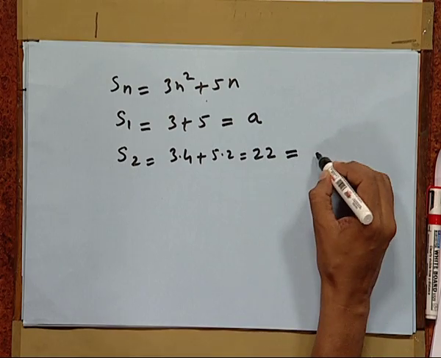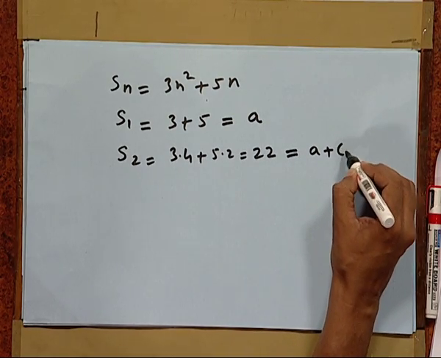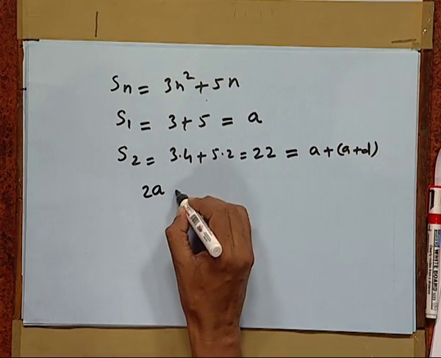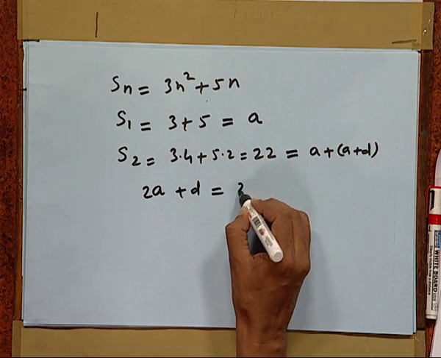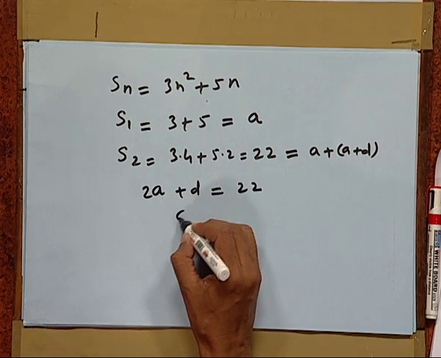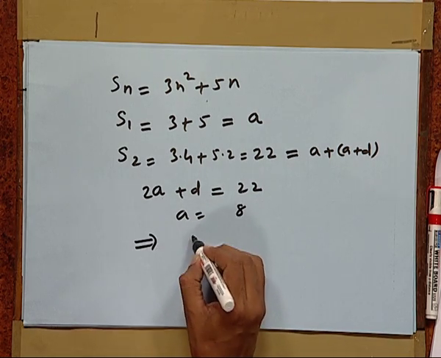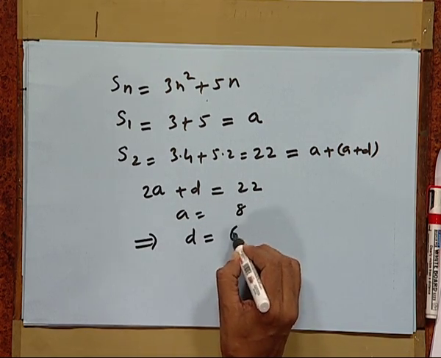And this is nothing but first term plus second term. Thus we have 2a plus d is equal to 22, while a is equal to 8. This gives d is equal to 6.